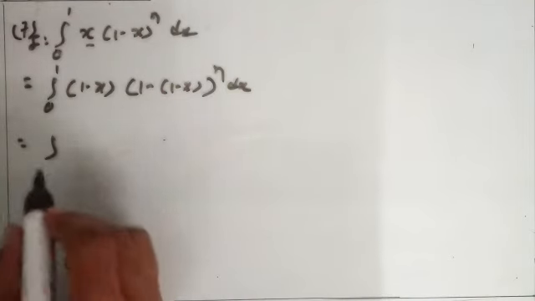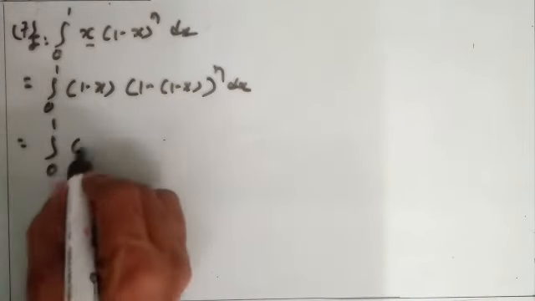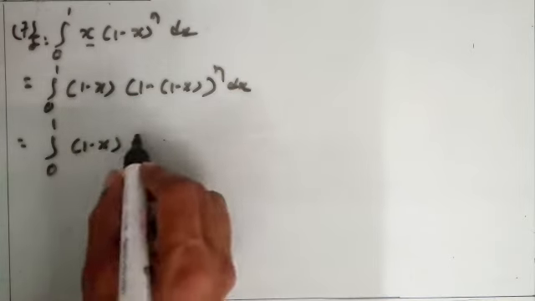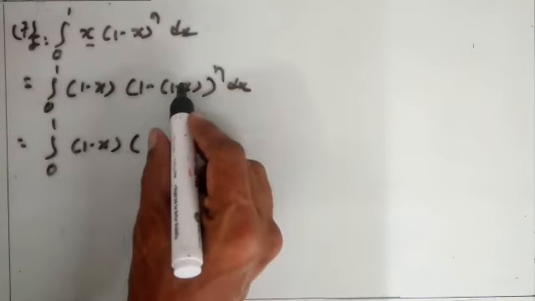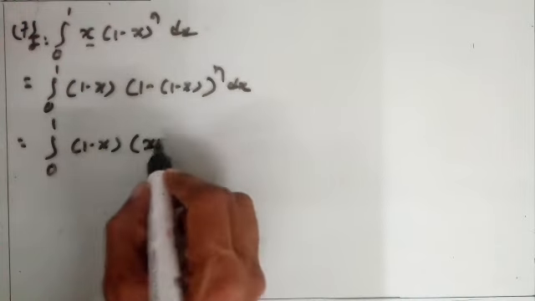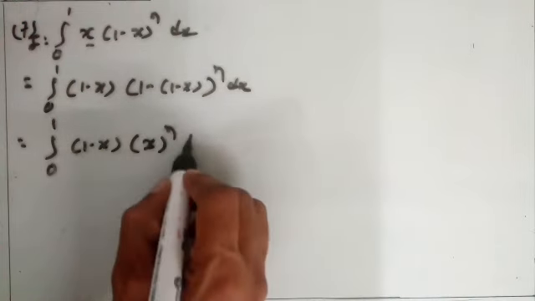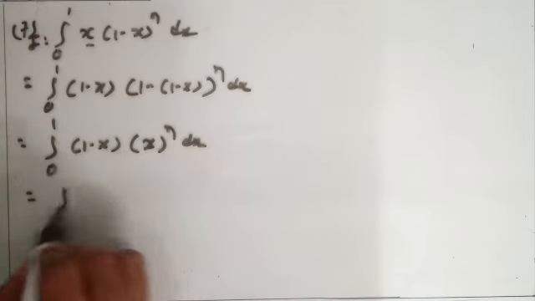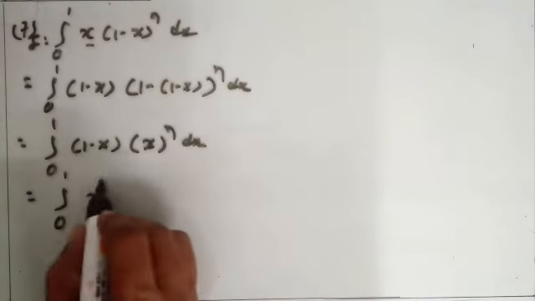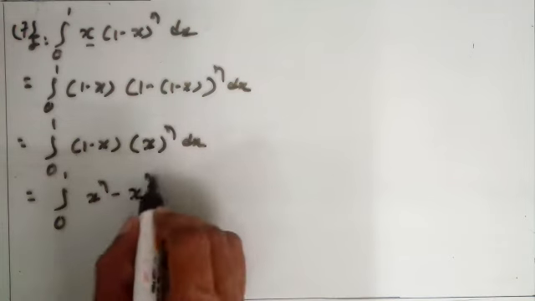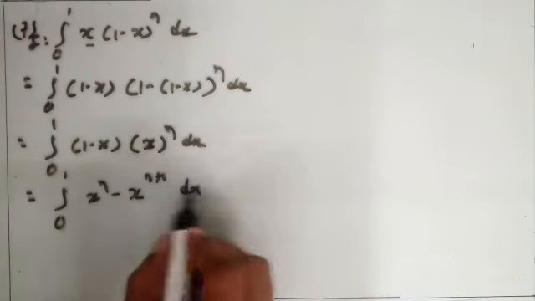So here we get 1 minus x into, take the minus inside, minus 1 plus 1 cancel, minus x plus x becomes x raised to n dx. So is equal to integral 0 to 1, take x raised to n inside: x raised to n minus x raised to n plus 1 dx.